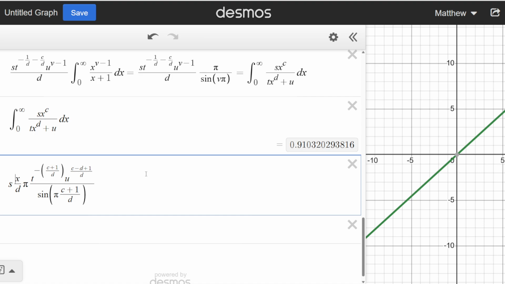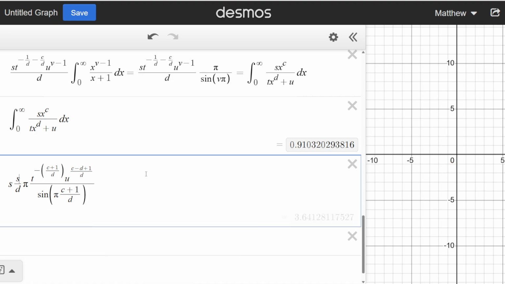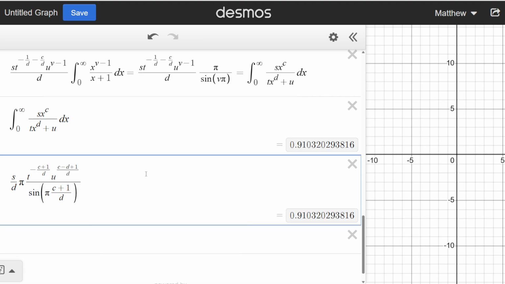And let's just make this an S over D. Okay, is there anything else I could do to clean this up anymore? I don't think so. I think this is how I'll leave it.